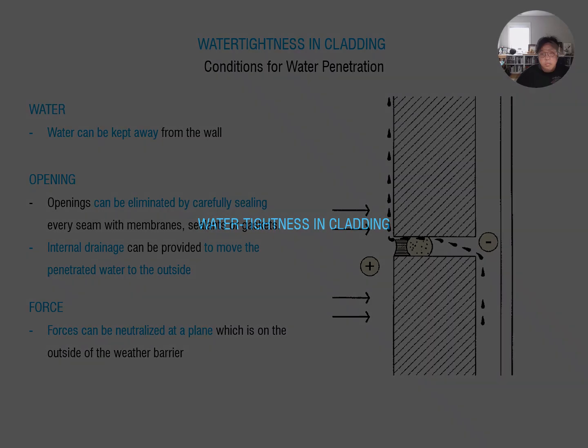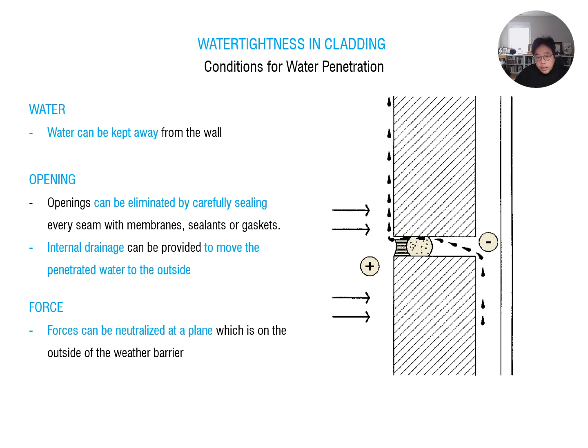Let's talk about water tightness in cladding. We talk about this being the main thing you have to consider when you design any cladding. So how do we protect water from your cladding design? When you have any kind of cladding design, we have to consider that water has to be kept away from our cladding system.